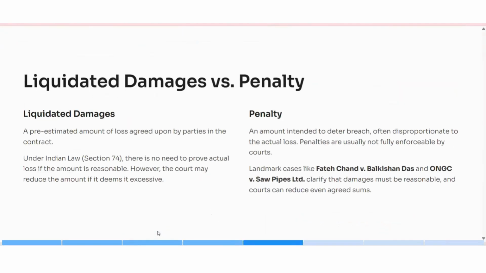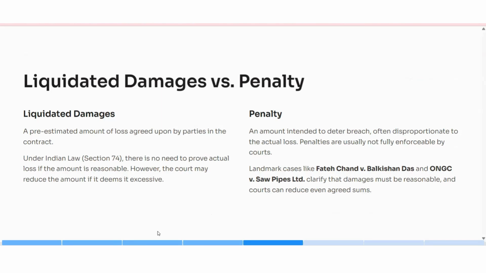Liquidated damages versus penalty: a pre-estimated amount of loss agreed upon by the parties in the contract is called liquidated damages, which is called fixed damages. So under Indian law, Section 74, there is no need to prove actual loss if the amount is reasonable. However, the court may reduce the amount if it deems it excessive.